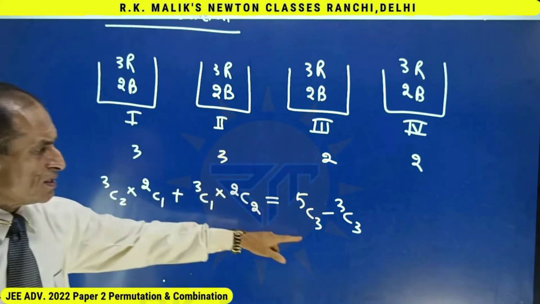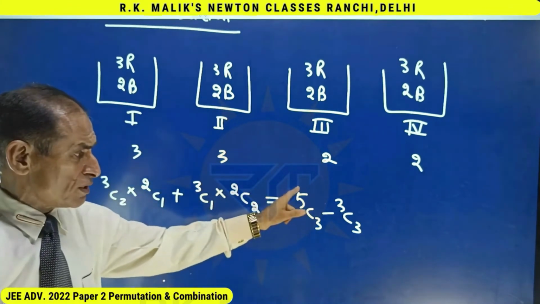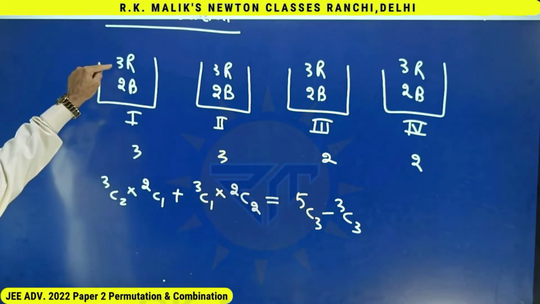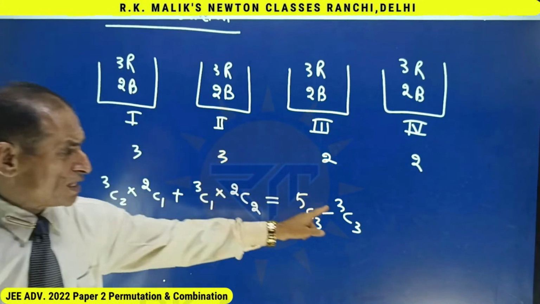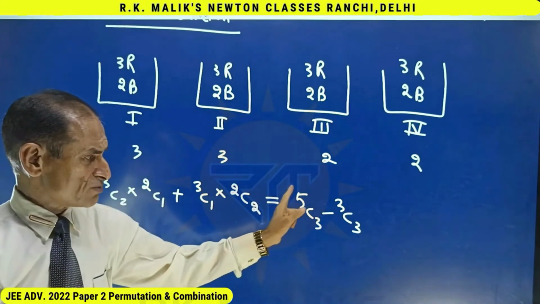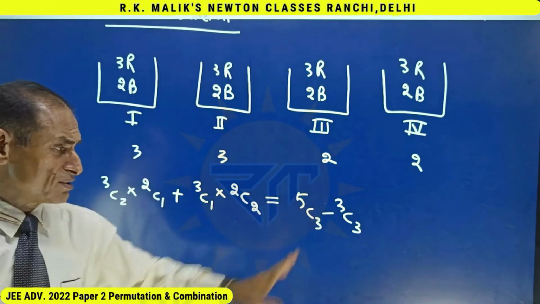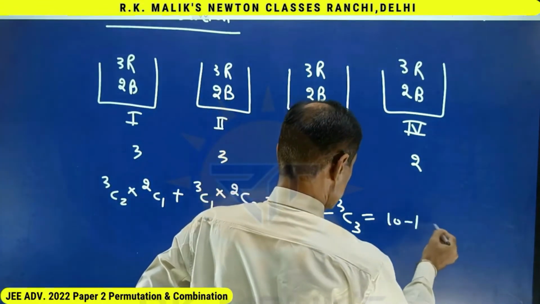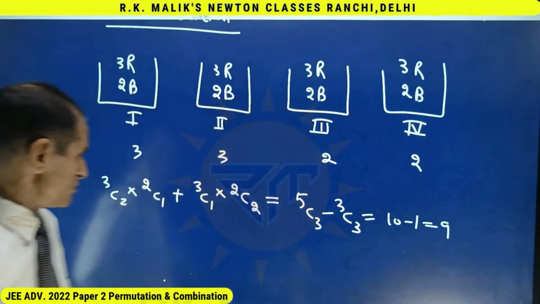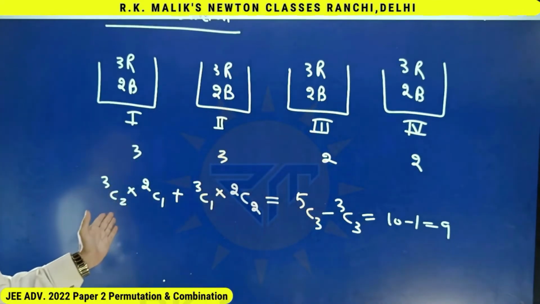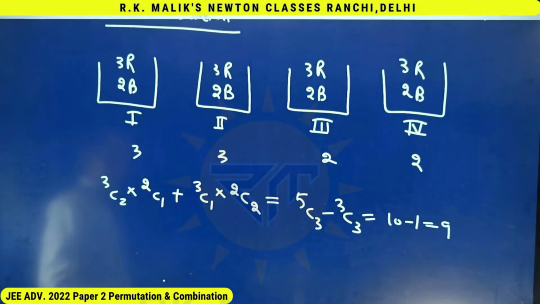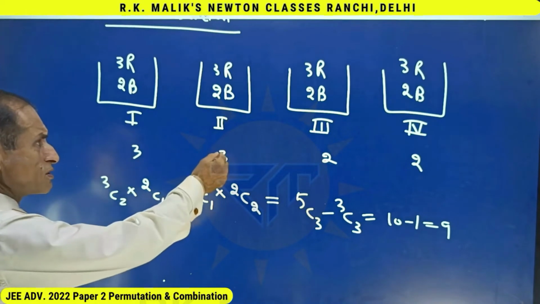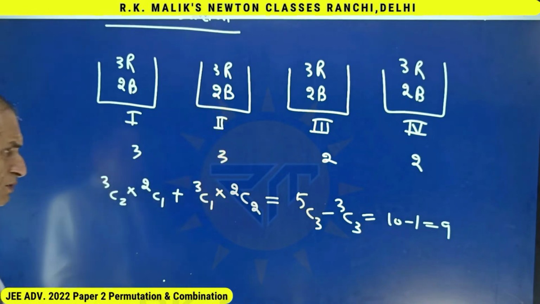But in the 3 balls chosen, one case that all the 3 balls chosen are red, that case I have rejected. That is why 5C3 minus 3C3, and 3C3 is 1. Therefore it becomes 10 minus 1, that is 9 ways. Clearly, it is also 6 plus 3, 9. Similarly, there are 9 ways of choosing 3 balls from this bag also.